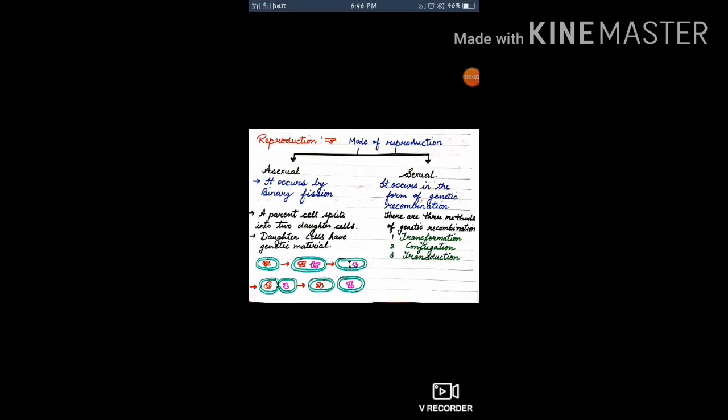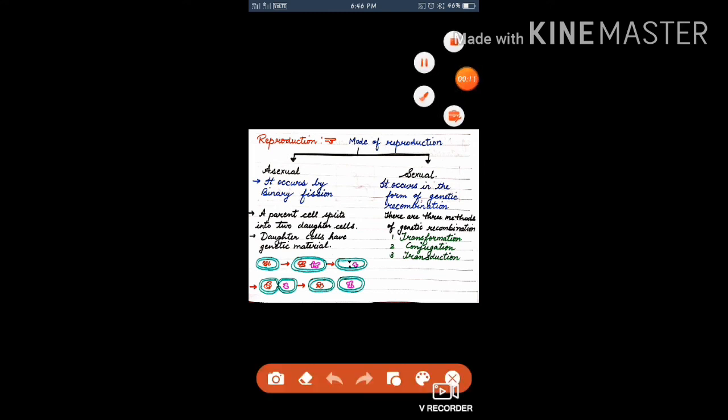Now the other mode of reproduction is sexual reproduction. It occurs in the form of genetic recombination. What is the meaning of genetic recombination? Transfer of genetic material or DNA from one bacterial cell to another bacterial cell by recombining.